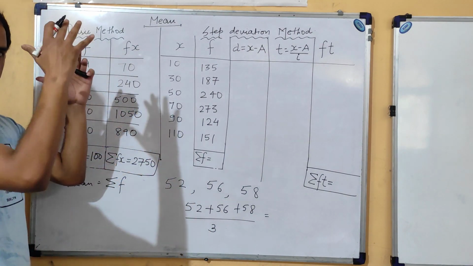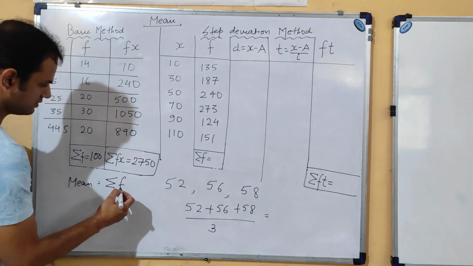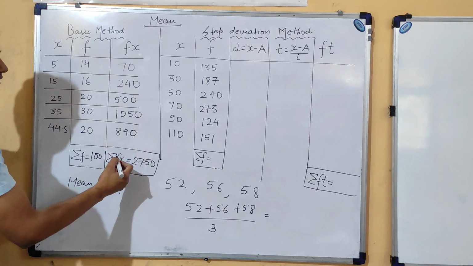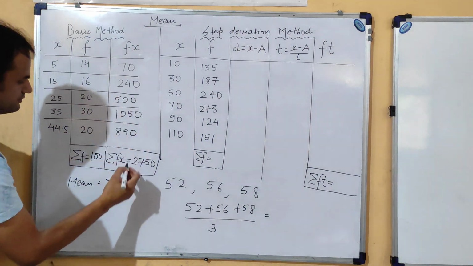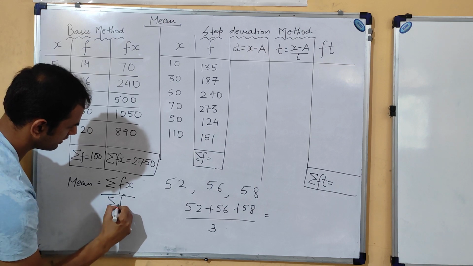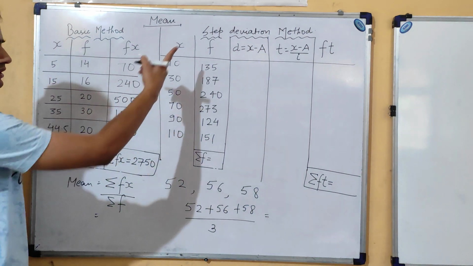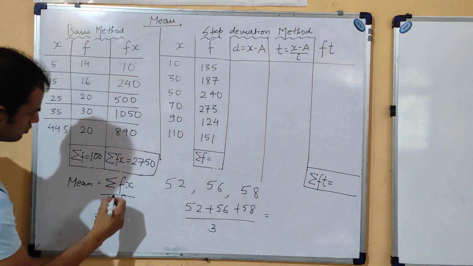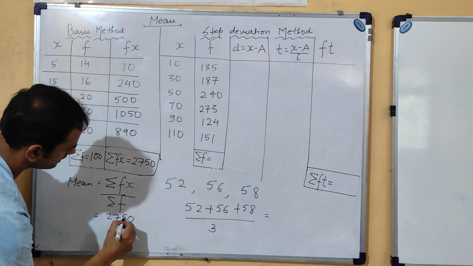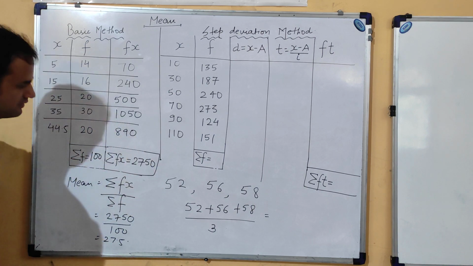Summation sign is just to add all these observations. Then we'll move on to the important one, the step deviation method. So 2750 by 100 becomes 27.5.